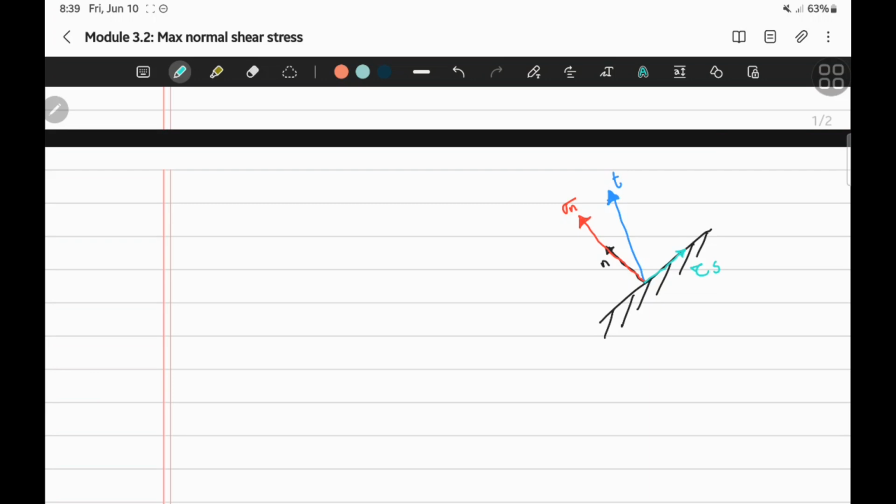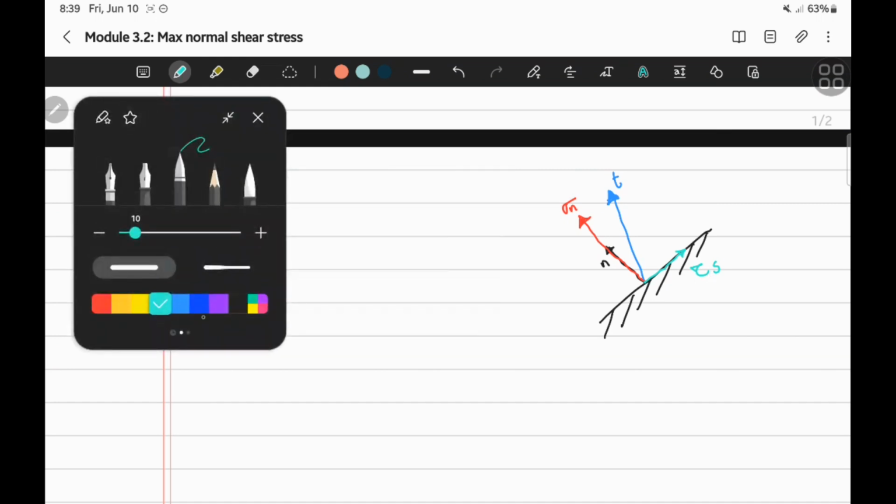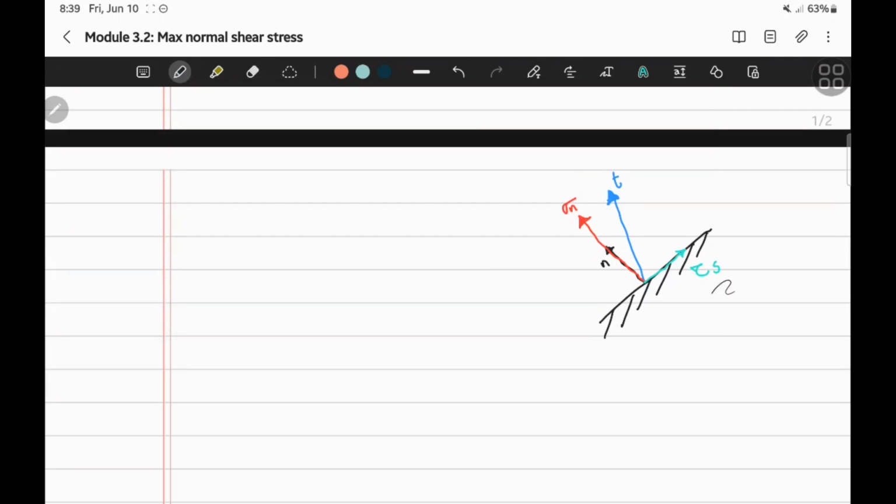So I use tau S for the shear stress and sigma N for the normal stresses. The book actually used Tn instead of sigma N and Ts instead of tau S.